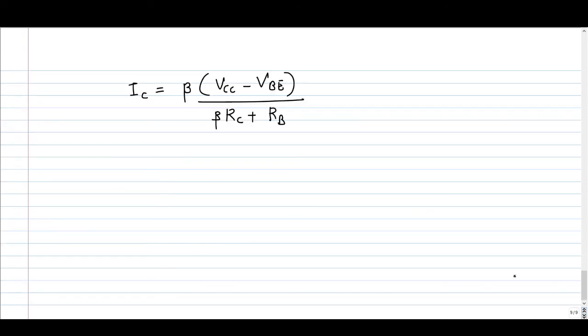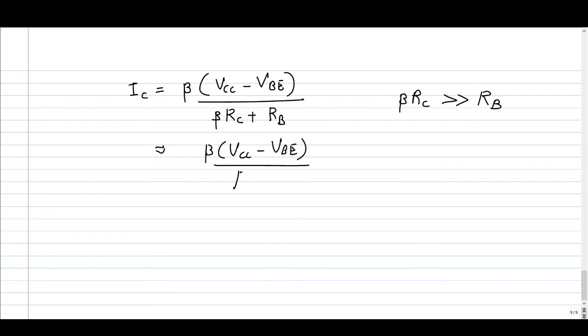Okay, so if I use this criteria, that is beta RC is much greater than RB, then I can write it like this: beta into VCC minus VBE by beta RC, because RB is negligible compared to beta RC if this design criteria is used. Then you can cancel beta from both numerator and denominator. So IC becomes VCC minus VBE divided by RC.